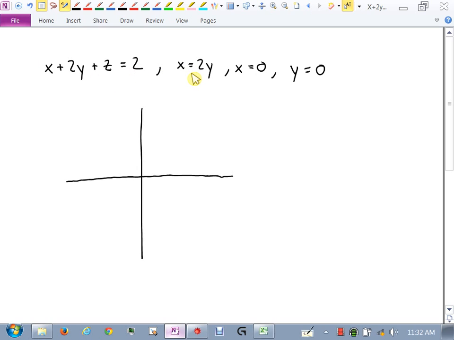This is actually a plane also, in 3-dimensional space. You can move everything to one side, and your normal vector on that one would be 1, -2, 0. This is also a plane in 3-dimensional space. x equals 0 is the YZ plane. y equals 0 is the XZ plane, isn't it?